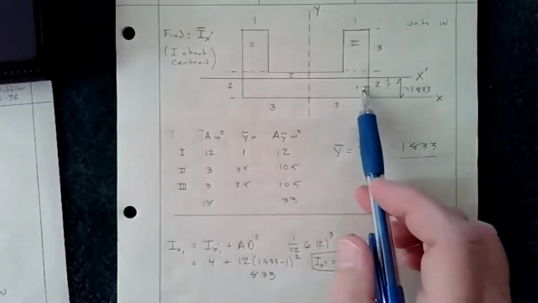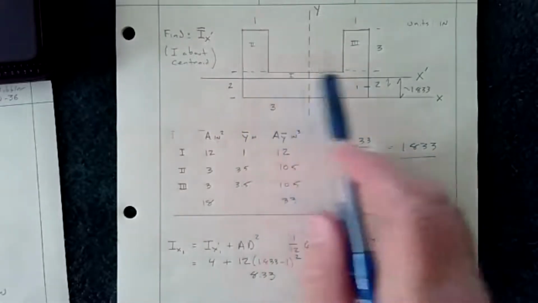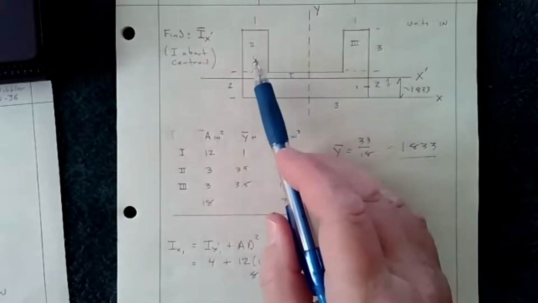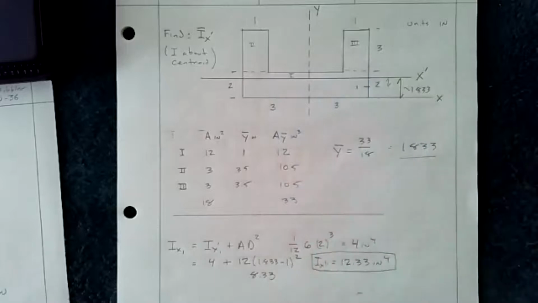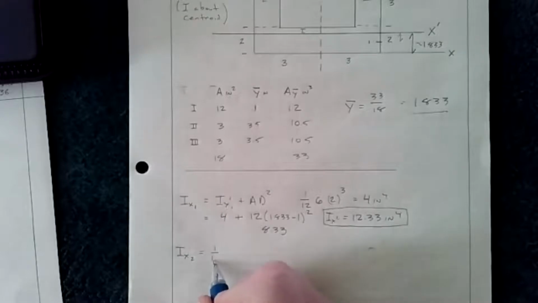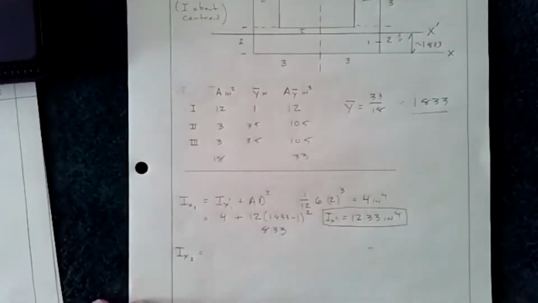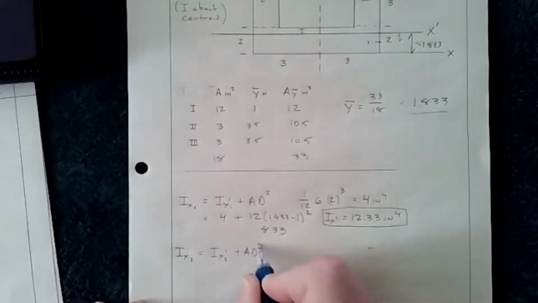So effectively what we need to do then is find it for 2 and 3 and then add them all together. Because 2 and 3 are the same, if we find 2, we can just multiply it by 2, or find 3 and multiply by 2, doesn't matter because they're identical. So in the next case, if we look at Ix2 down here, then we know the equation is Ix2 prime plus Ad squared.